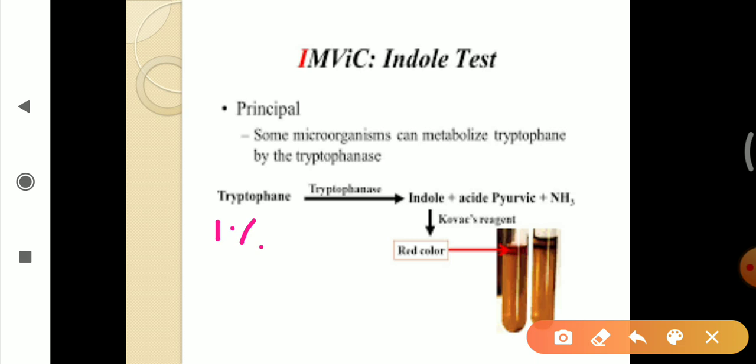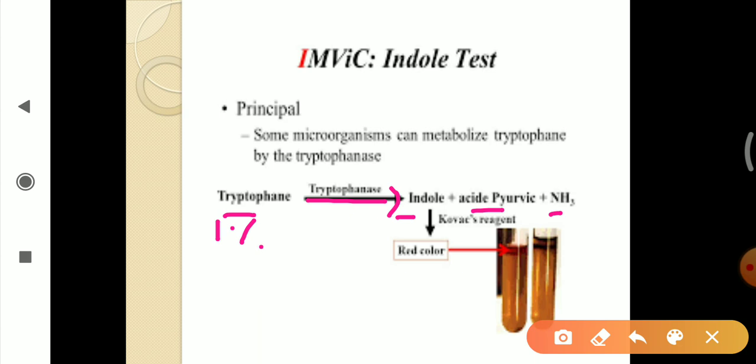If the organism in our sample or culture has the tryptophanase enzyme, it can convert the tryptophan present in the broth into indole, pyruvic acid and ammonia.